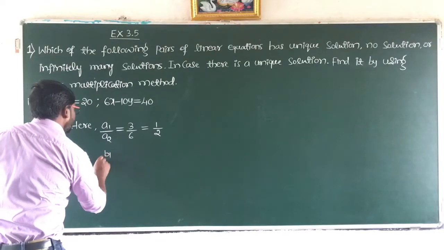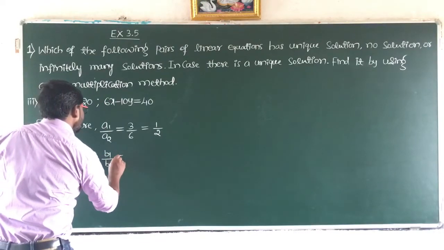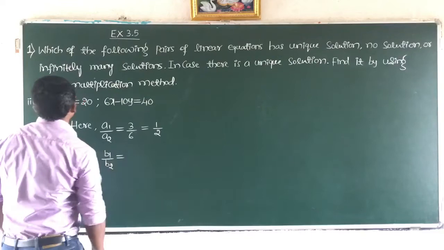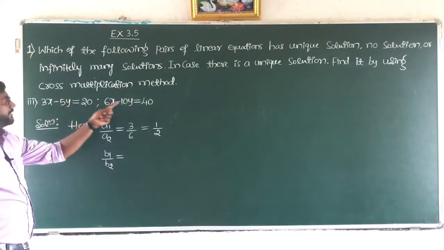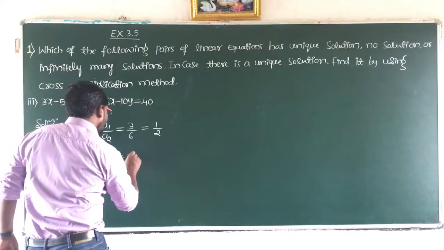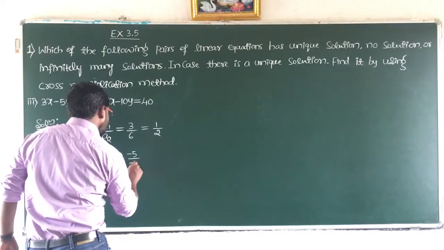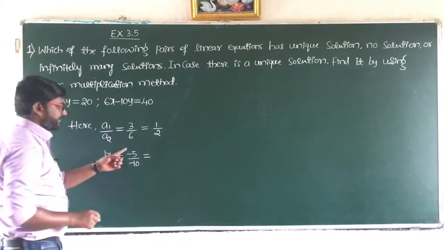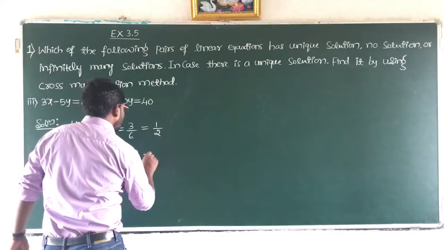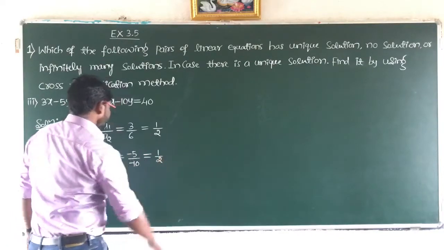B1 by B2. B1 is minus 5, B2 is minus 10. So minus 5 divided by minus 10, minus by minus is plus, 5 ones are 5, 5 twos are 10, we get 1 by 2.